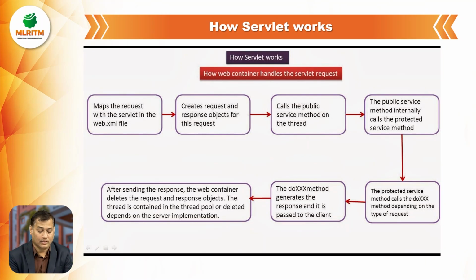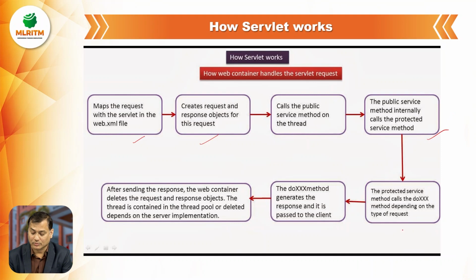So how it works: first, map the request with the servlet in the web.xml file, and then create the request and response objects for this request, then call the public service method on the thread. Then the public service method internally calls the protected service method.